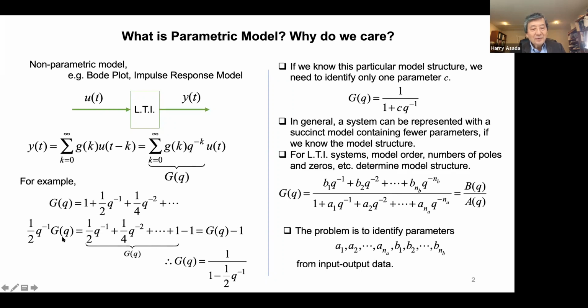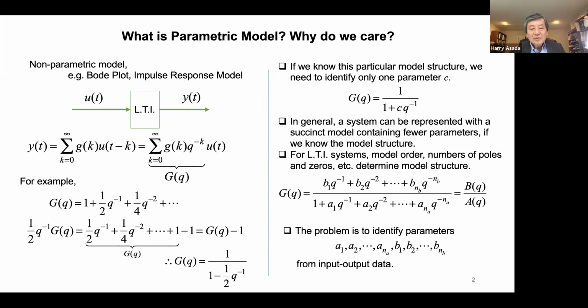So looking at the first equation and the third, the final expressions, we can solve this equation for G(q). You get this answer, right? 1 over 1 minus half times q inverse.